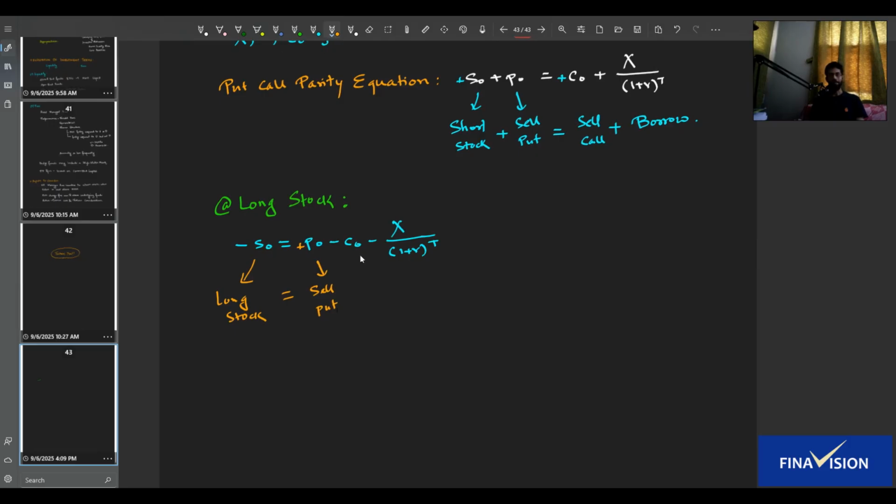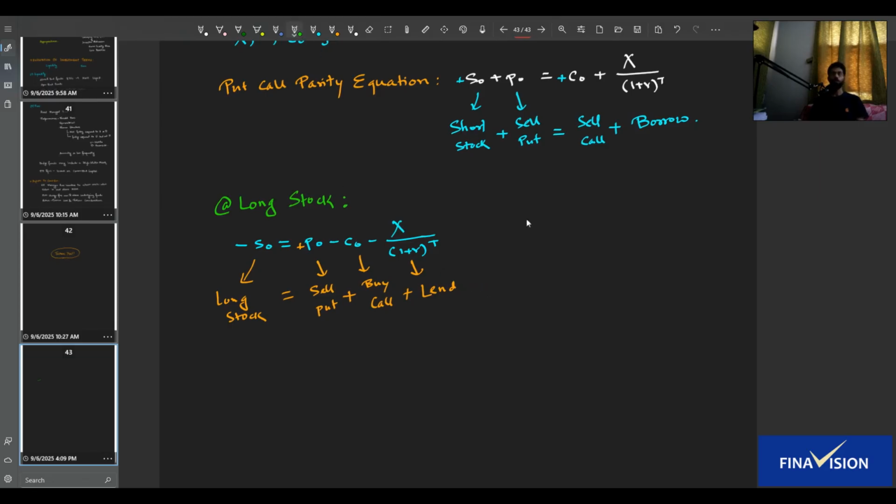There is a minus C0 here, which means buying a call. And there is a minus present value of the strike, which means there is lending. There is a cash outflow equivalent to the present value of the strike. So we interpret it as lending. So sell a put, buy a call and lend. This is how the synthetic position for long stock happens.